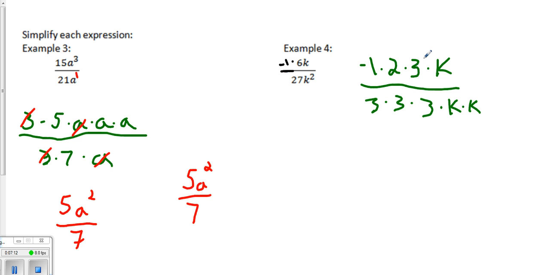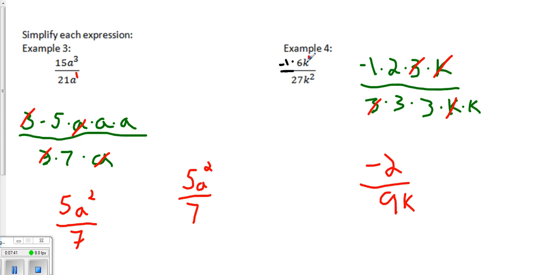Then, like before, 3 and 3, k and k. What are we left with? -2 on top over 3 times 3 times k, 9k. So again, we can factor it all out and just simply cross out factors. Or, if we notice k to the first here and k to the 2 here, it means there's going to be k to the 1 on the bottom.